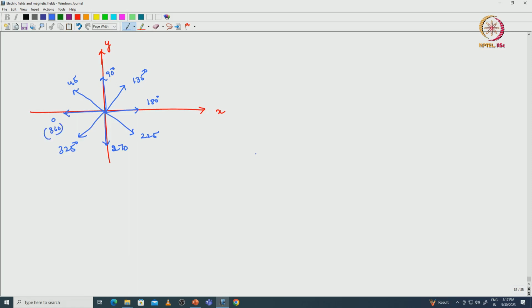We can see here the flux vector is rotating symmetrically through 360 degrees, with respect to one particular reference, like let us assume our reference is phi a, any reference you can consider.